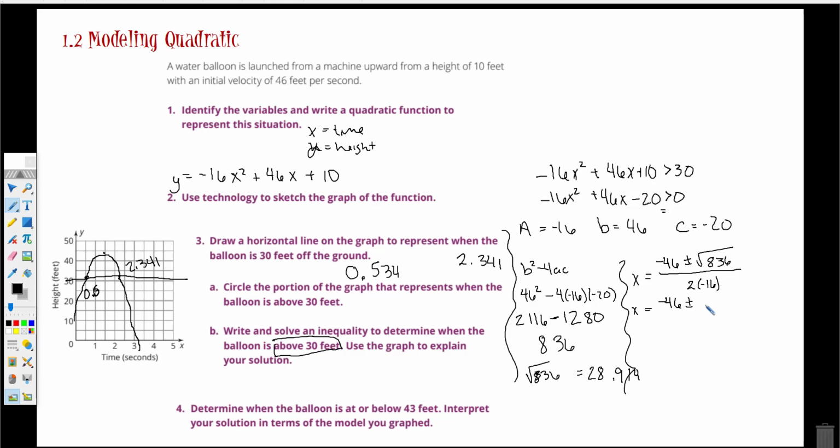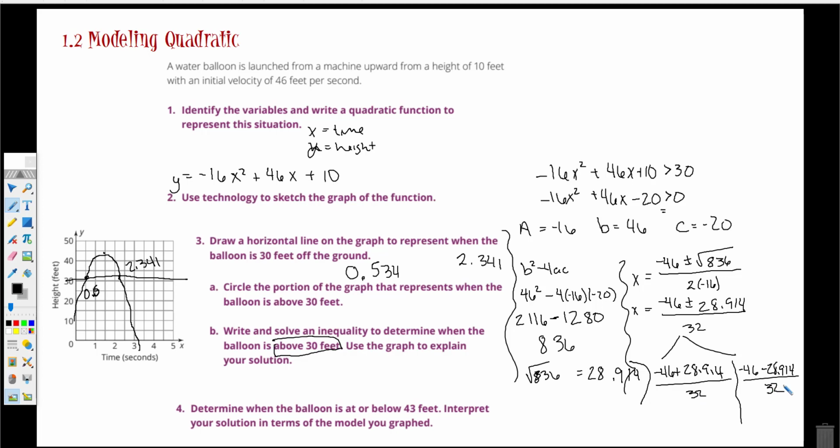So let's go ahead and plug that in. Negative 46 plus or minus 28.914 divided by 32. And so I'm going to end up having to find the two numbers. Negative 46 plus 28.914 divided by 32, and negative 46 minus 28.914 divided by 32.